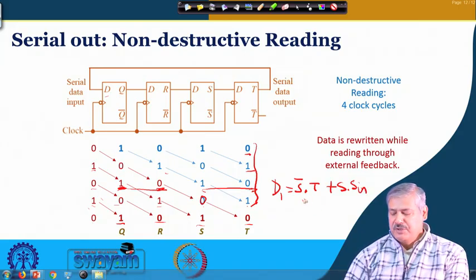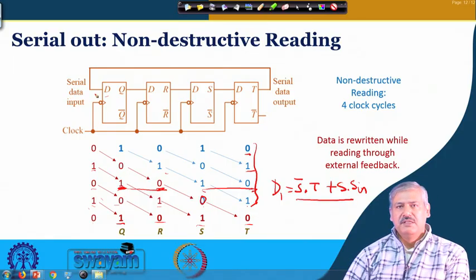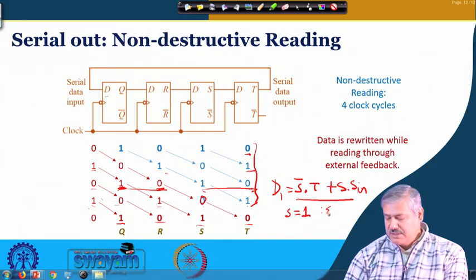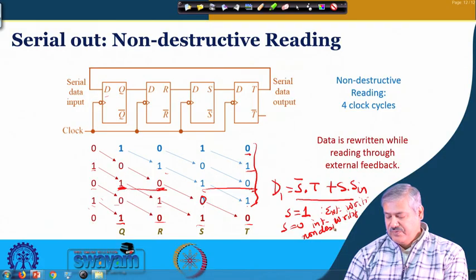Okay. So, you just need to have a small logic circuit over here by which if you put it in this manner, then it will be external writing when S is equal to 1. So, this is serial in and this is external writing, and S equal to 0 is internal writing, which is nothing but non-destructive reading.